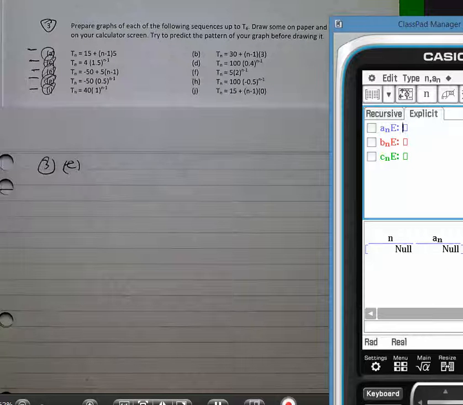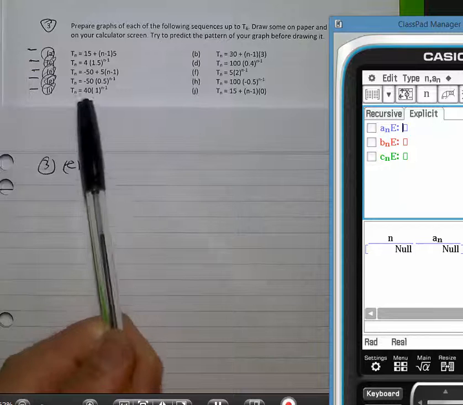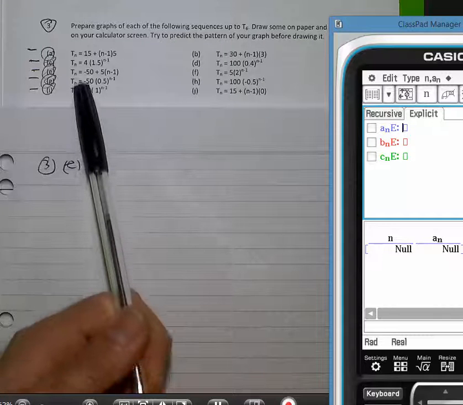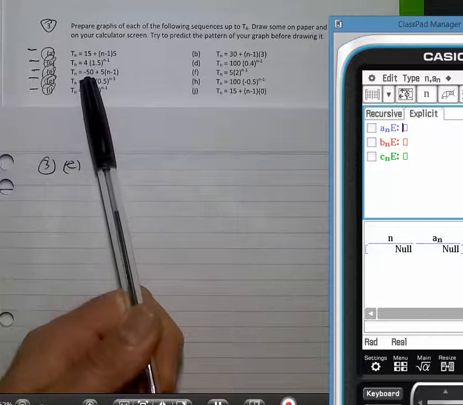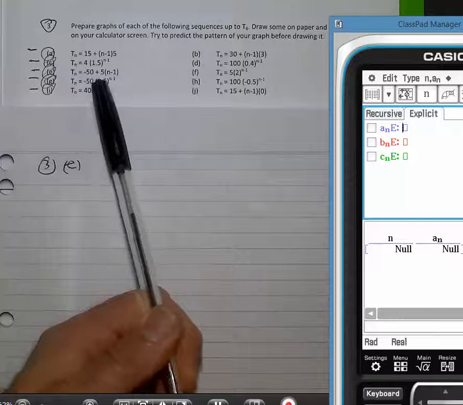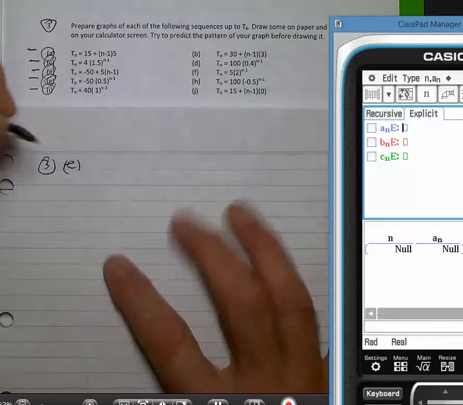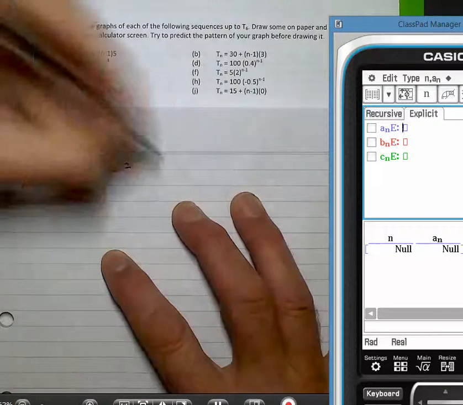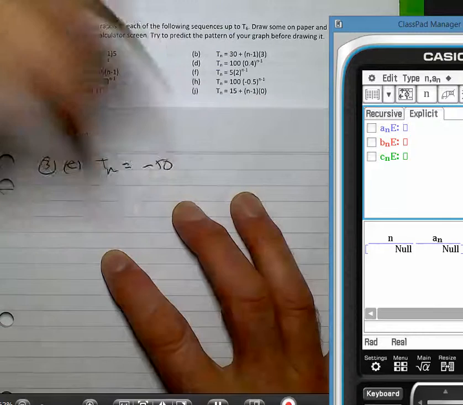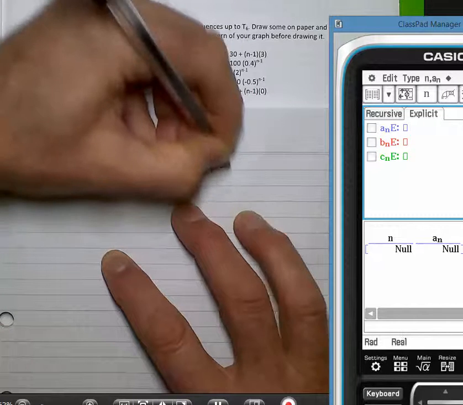Now, in the case of 3E, we've got a scenario where we're starting at minus 50, or would be minus 45, I suspect, and going up in gradations of 5. I just need to expand that so I can work a little bit better, both on my graph and on my sequence mode.